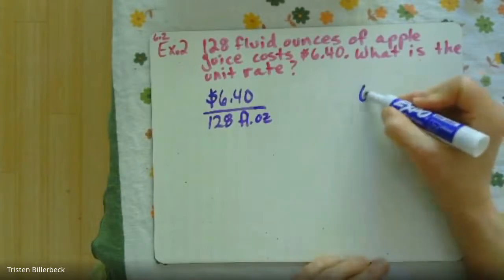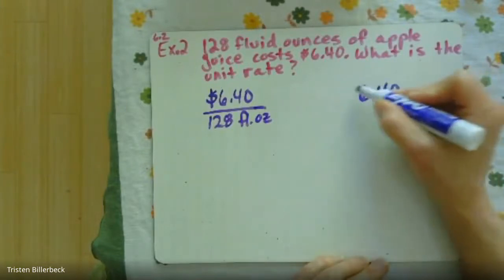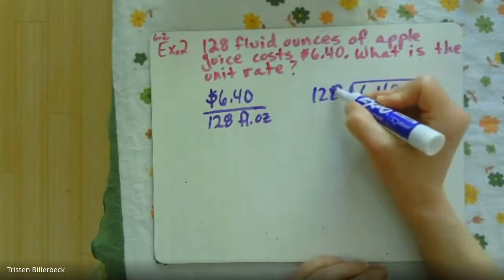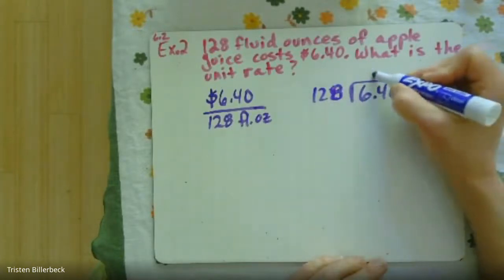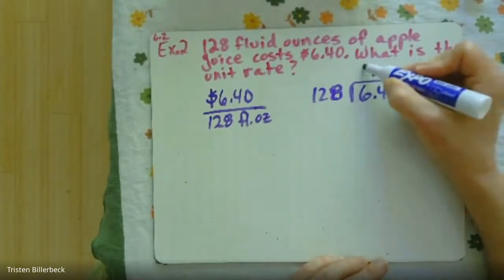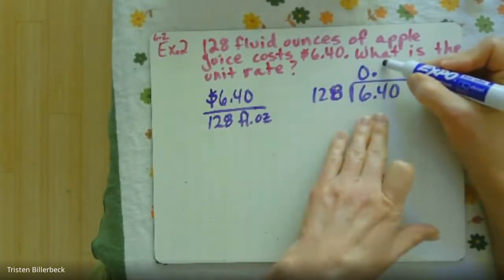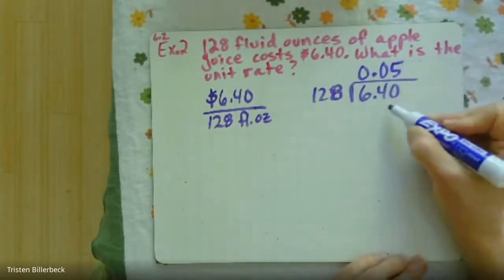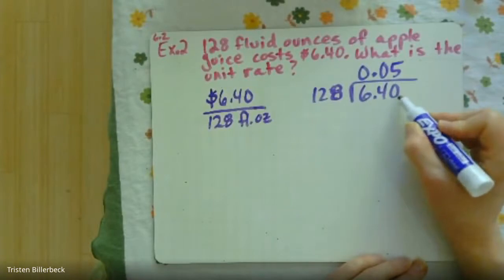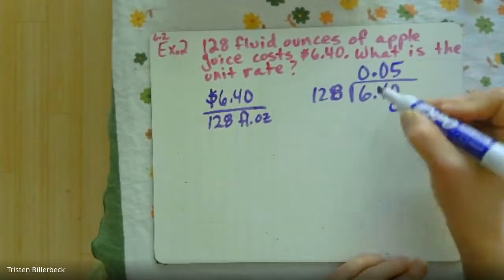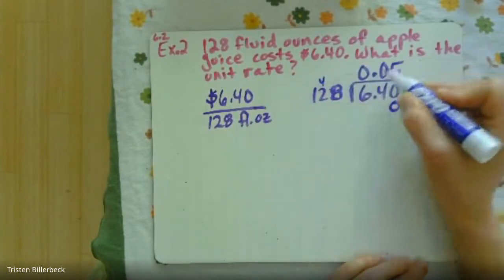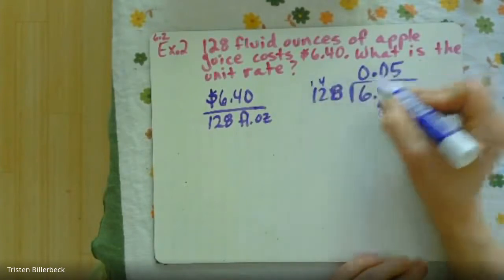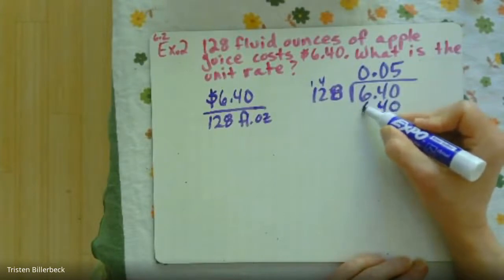Let's use the dry erase calculator over here. We have 128, and we put our decimal here. There are no 128s here, no 128s here, and there happen to be 5 128s in 640. So 5 times 8 is 40, 5 times 2 is 10, plus 4 is 14, and 5 times 1 is 5, plus 1 is 6.